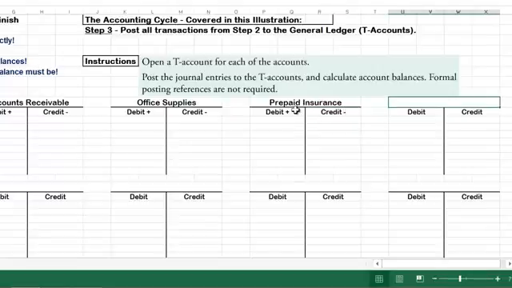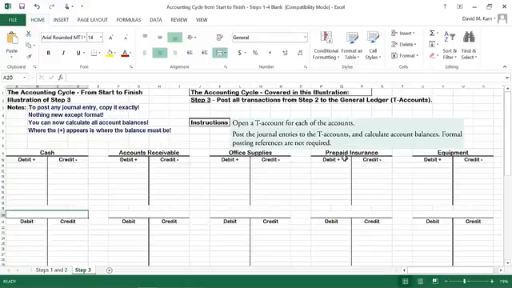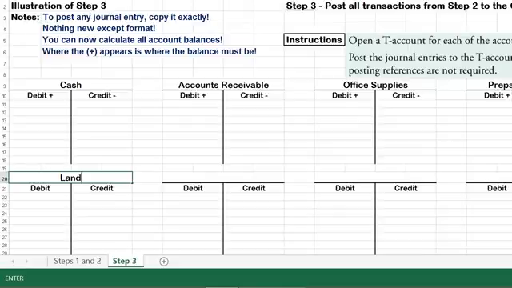Then we get to equipment. Still an asset, so debit plus, credit minus. Okay, then we get to land. Still an asset, so we have debit plus and credit minus.